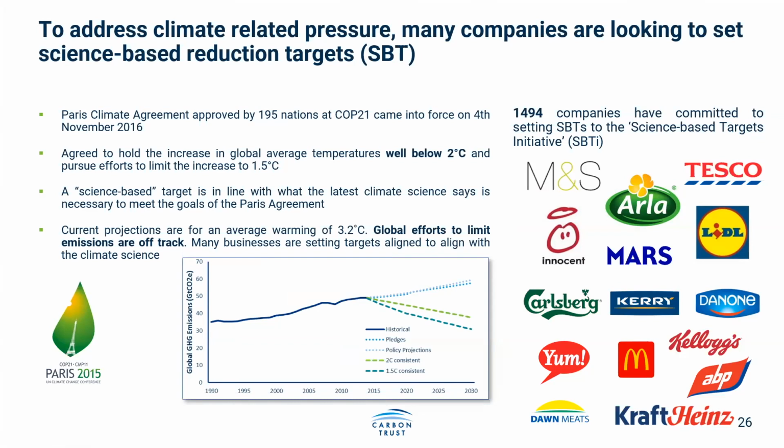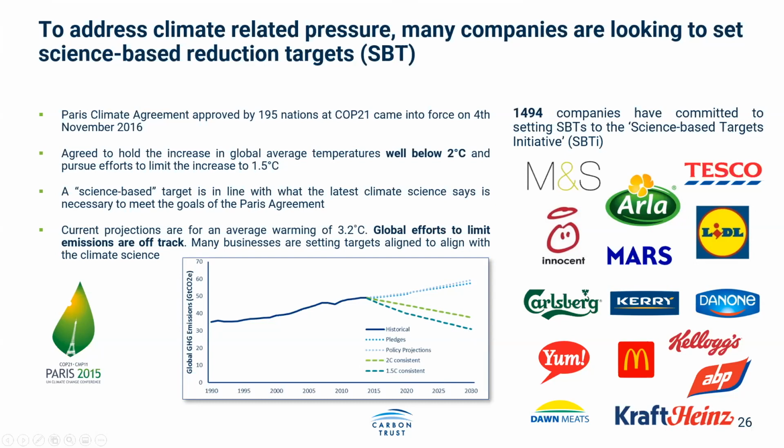Now, essentially, that's aligning their goals with what you can see on the bottom green lines here, which is the 1.5 trajectory. So this is a carbon budget whereby we need to drastically reduce our carbon emissions to align ourselves with that goal of limiting warming to 1.5 degrees.